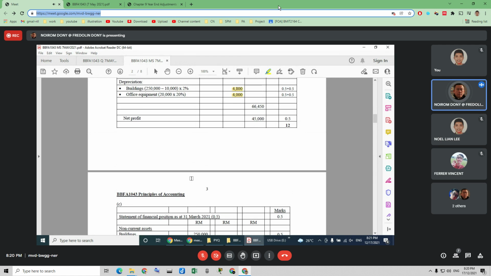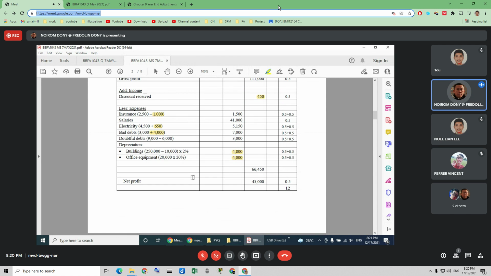So an increase of doubtful debts, remember, the doubtful debts become expenses. So that is why here, doubtful debts, 3,000, okay, it is listed under expenses. So this is debiting. Debiting doubtful debts.